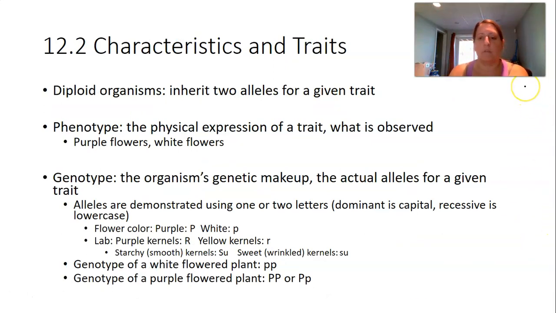Okay, so here's some more terms. Diploid organisms like us, or the corn that you're going to study in lab, or the pea plants that Mendel studied, are all diploid. We inherit 2 alleles for every trait. Now we are going to study genetics in a haploid organism. The fungus that we're going to study, hopefully, is called Sordaria fimicola.